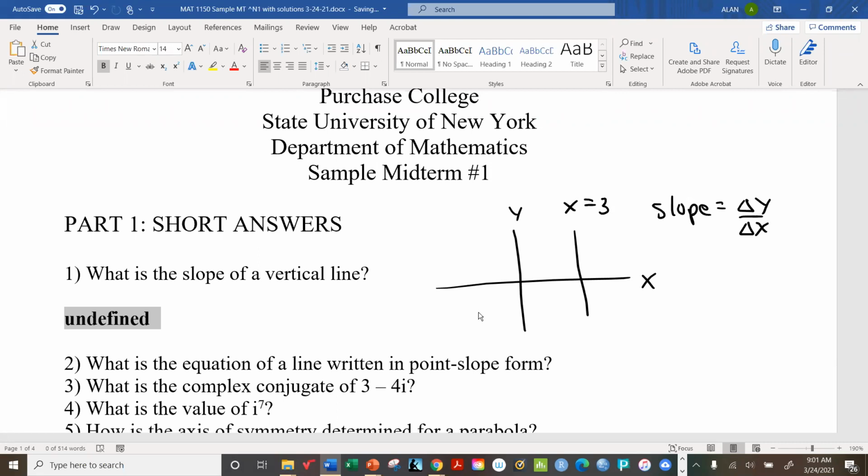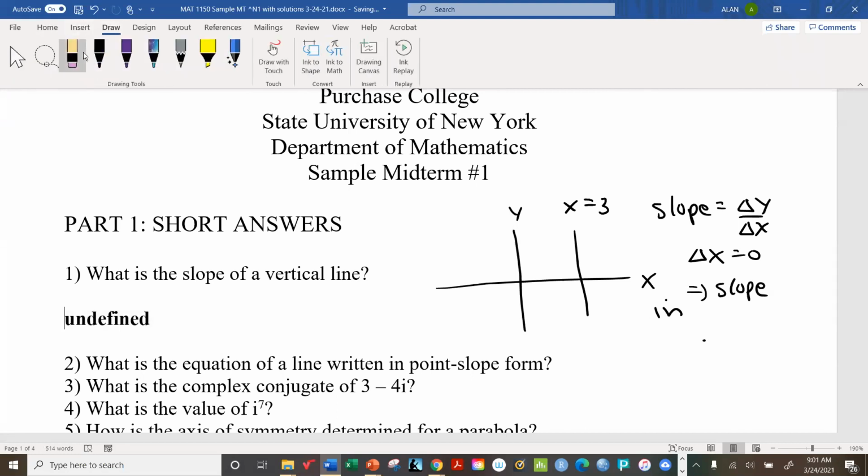And what you'll notice here is that delta x is 0 throughout the entire function. Well, it's not even a function. That's the other thing. It's not a function. Delta x is always 0. Therefore, the slope is undefined because it requires division by 0. All right, so obviously we can't have that.